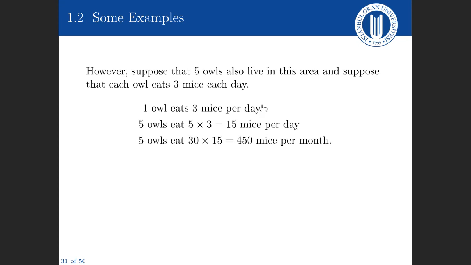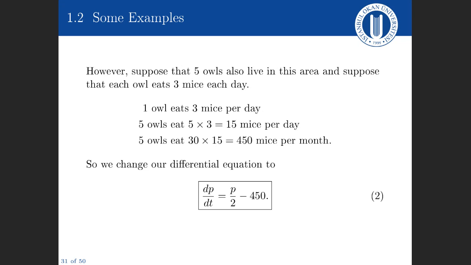So I'm saying 1 owl eats 3 mice per day. In total, the 5 owls eat 15 mice each day. And if we assume there's 30 days in a month, the owls are eating 450 mice each month. We can include this in our differential equation.